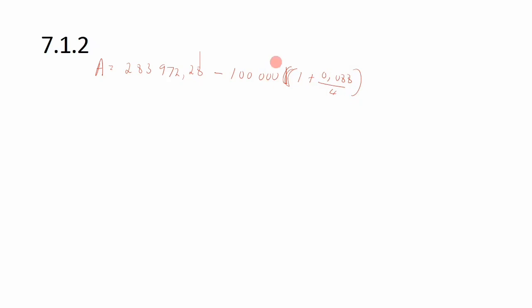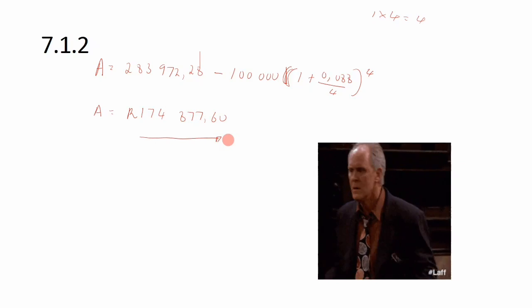But then remember, interest is earned per quarter, so we have to represent our 1 year in terms of quarters. So that's 1 times 4, that's 4, so we put 4 here, right? Then what will be the money that will be accumulated if now we withdraw that 100,000? So in 4 years, the money that it will accumulate is 174,877.60, right? All because we withdrew that 100,000.